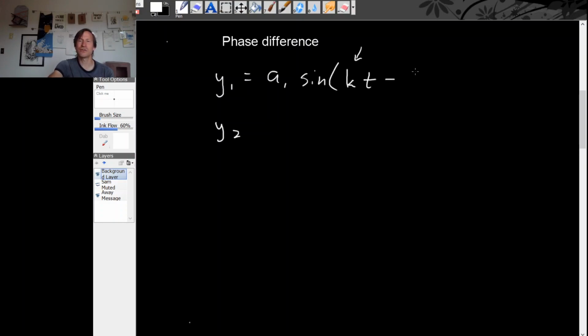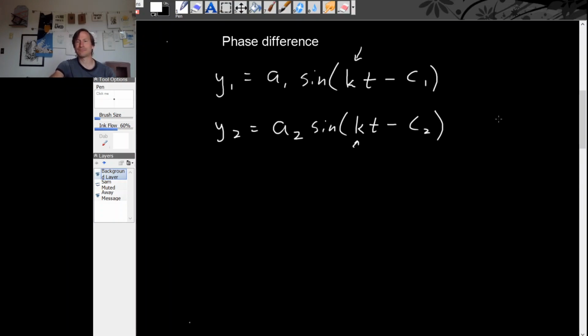And for our second sinusoidal function, let's call the amplitude a2 times sine of, and again, the angular speed needs to be the same, so k times t minus our second phase angle, we'll call that c2.